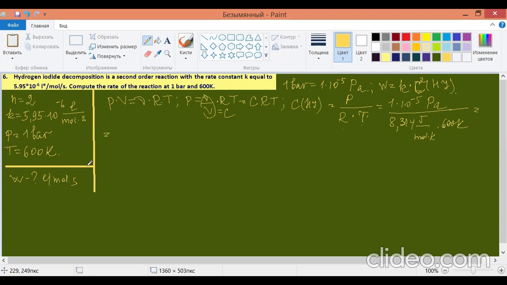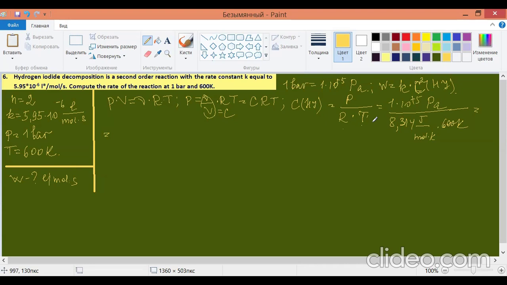I want to just write that 1 bar is equal to 10 raised to minus 5 to plus 5, of course. Oh, it's my stupidity, I'm sorry. Okay, in this case, we got 5 divided by 8.14 and divided by 600.